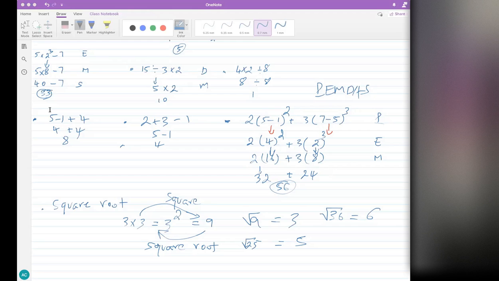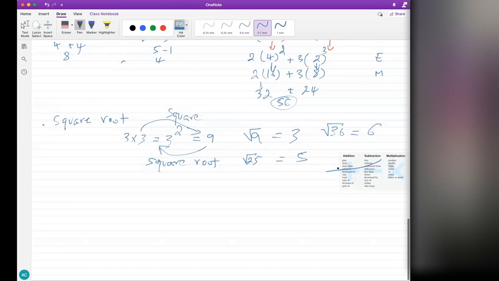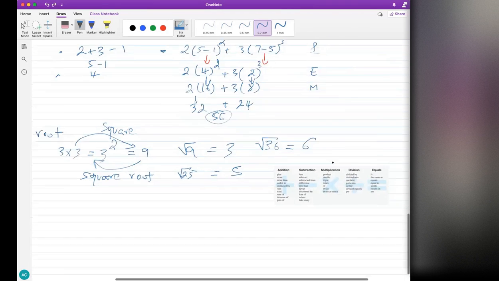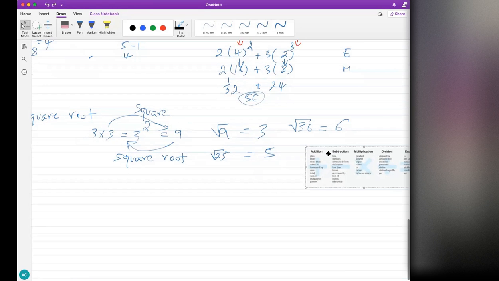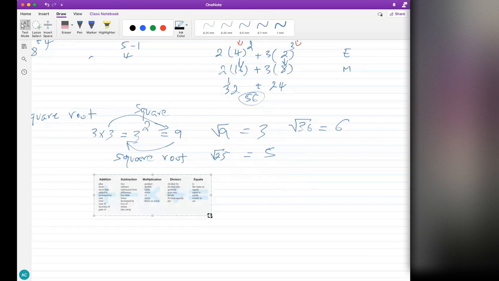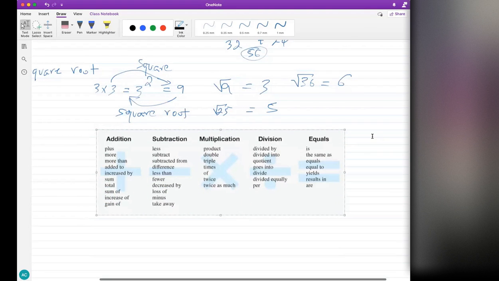Okay, so here are some keywords that we use when we translate. All these are pretty much synonyms or equivalents.